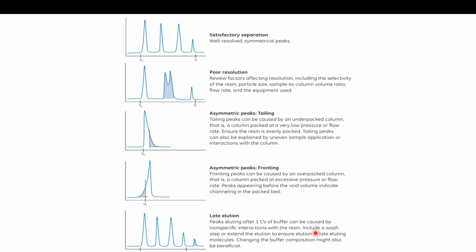So usually one includes a wash step or extends the elution to ensure elution of late eluting molecules. Also, sometimes playing around with the buffer composition can help. Okay. It again depends on what molecule you wish to purify, and what you want to use it for downstream, what kind of downstream assays you want to use it in. Fine.